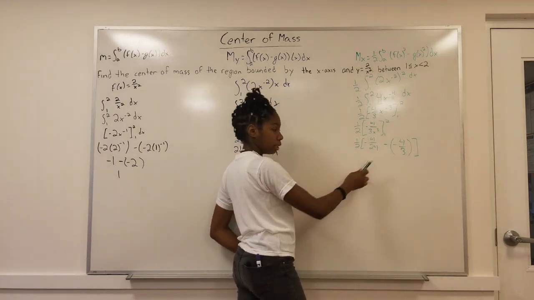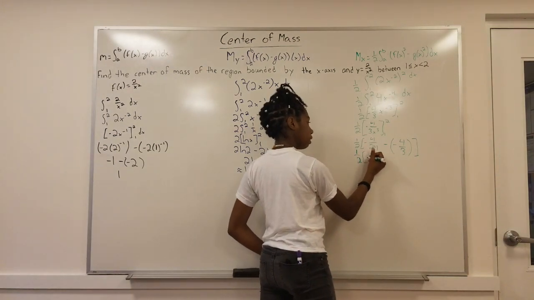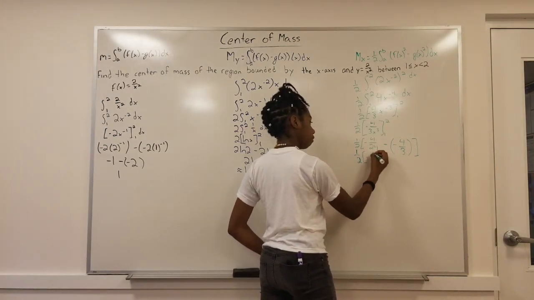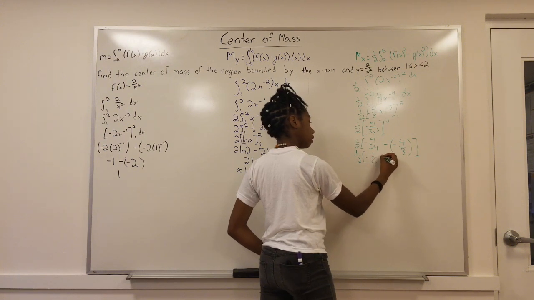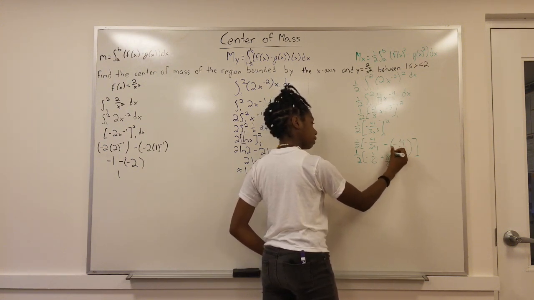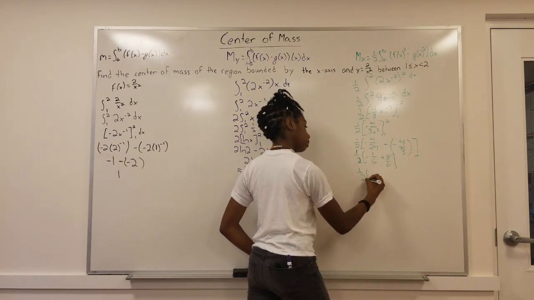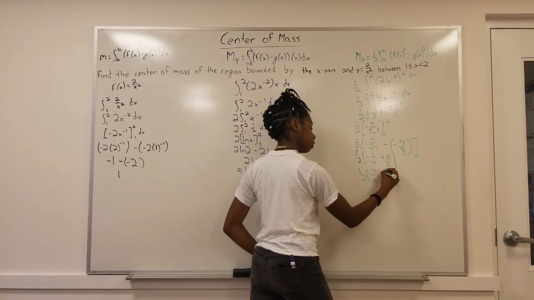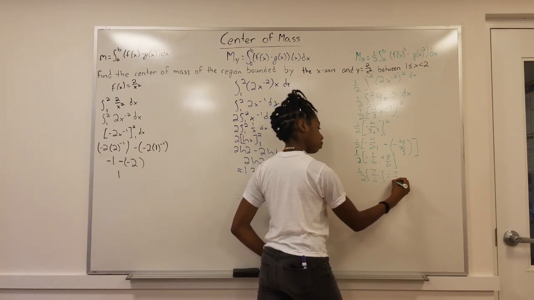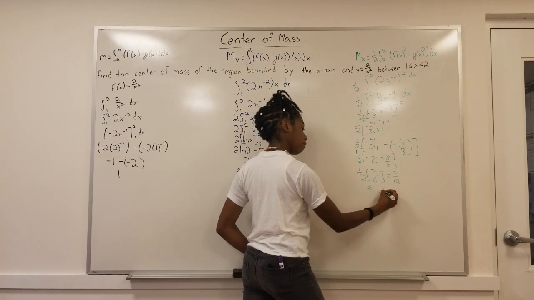So then you simplify. 1/2 times negative 1 over 6 plus 4 over 3, which is the same as 8 over 6. And then you get 1/2 times 7 over 6, which is equal to 7 over 12, which is approximately 0.58.